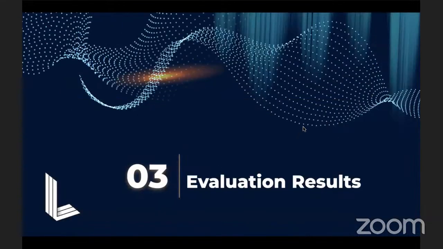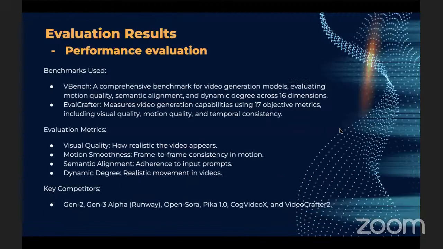So now let's move into the evaluation results. For evaluation, we have used two of the major benchmarks, VBench and EvalCrafter. VBench is a comprehensive benchmark mostly for video generation models. It evaluates on 16 dimensions and EvalCrafter on 17 objective metrics.